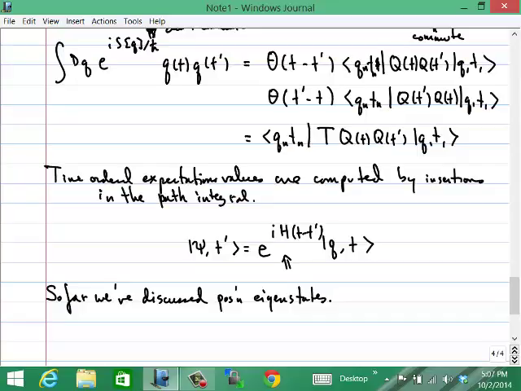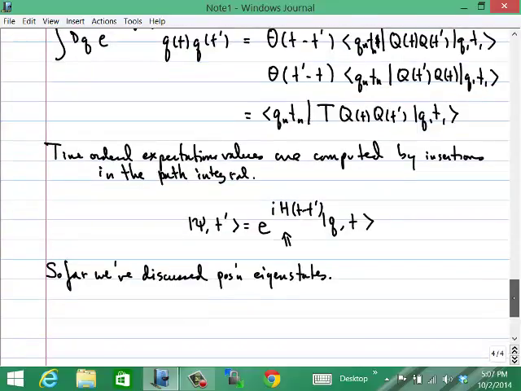But of course, in general, we're going to be interested in computing transition amplitudes between other sorts of states.